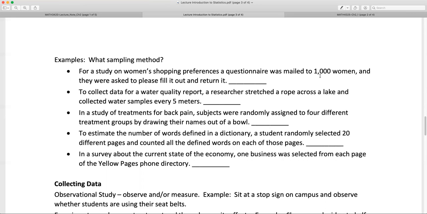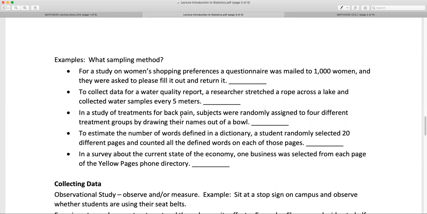They don't mention it, but they just select the mailing addresses randomly. Next, to collect data for a water quality report, a researcher stretched a rope across the lake and collected water samples every 5 meters. Every 5 meters, that's systematic. And in a study of treatments for back pain, subjects were randomly assigned to 4 different treatment groups by drawing their names out of a bowl. You see that randomly assigned, so this is random.